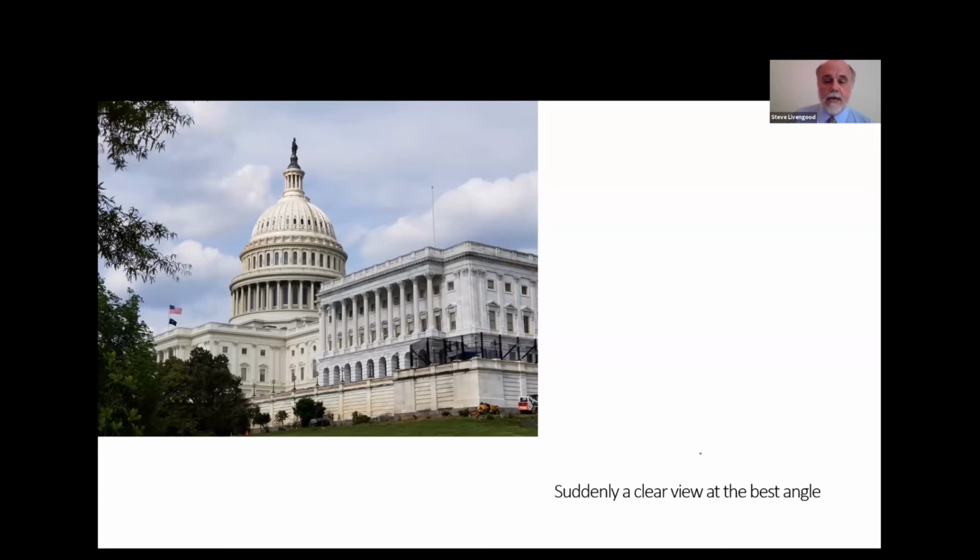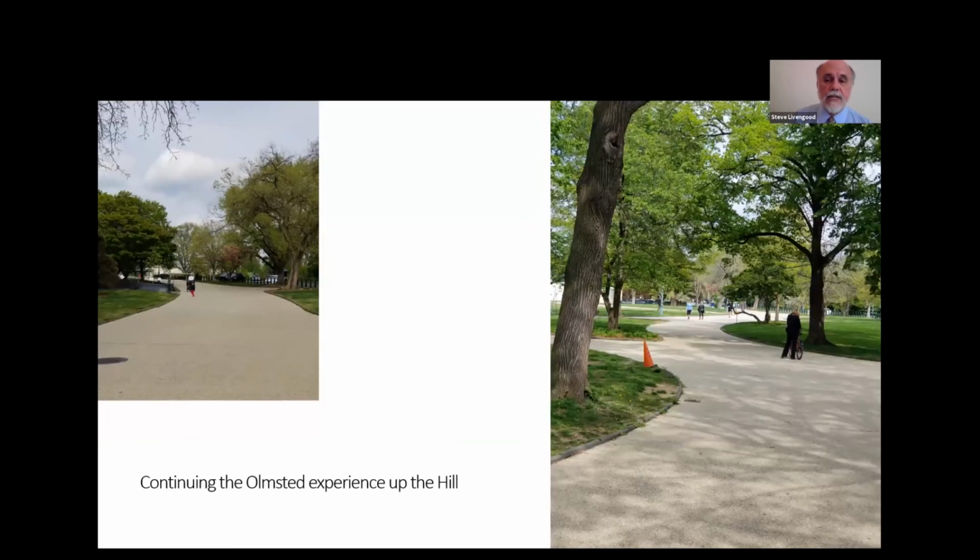And so this is where, as I'm bringing groups up from the bottom of the hill, I stop here because everybody wants to stop and take photographs, and so I do, and I spend a few minutes talking about Olmsted and his influence on the Capitol grounds and the experience that he wanted you to have. But then he takes you back.